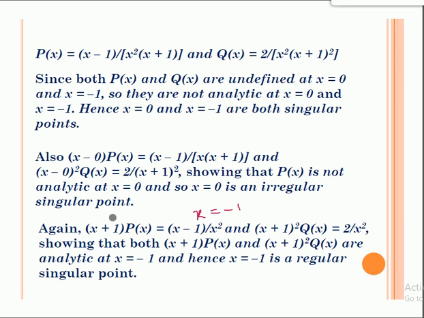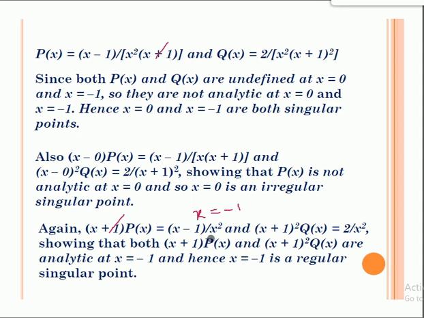This x plus 1 and that x plus 1 will cancel. What is remaining? x minus 1 by x square. Now put minus 1 here: minus 1 whole square is 1, and in the numerator minus 1 minus 1 is minus 2. Minus 2 by 1 is minus 2. It is a finite value.